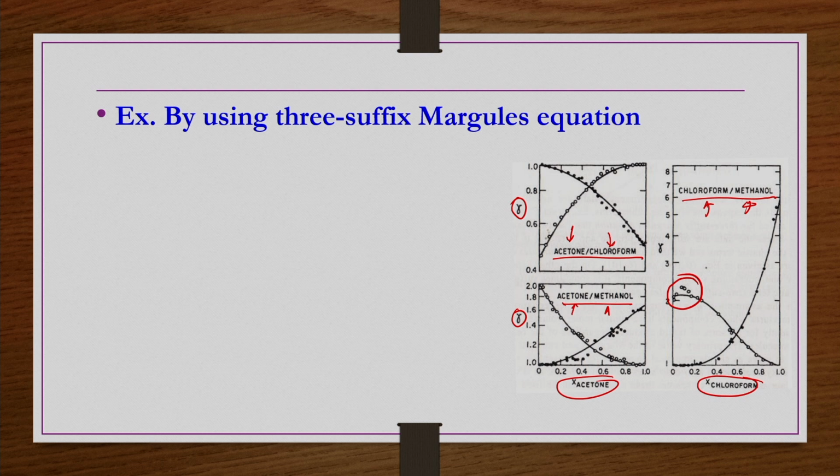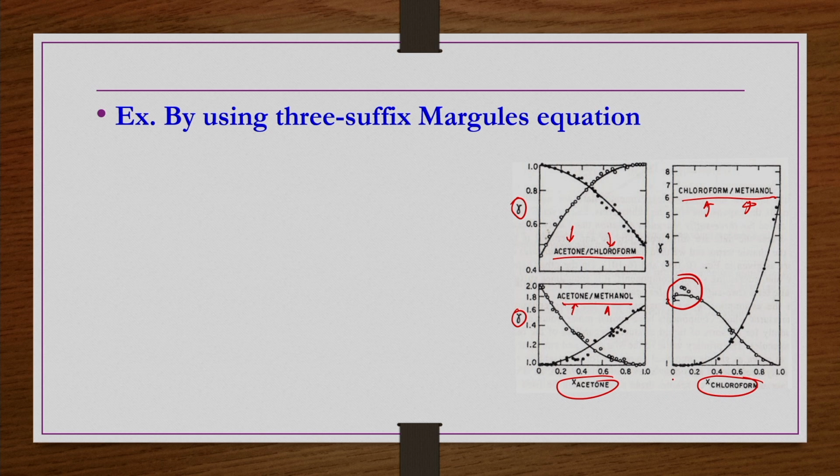So, that is the advantage of the 3 suffix Margules equation, and in the previous lecture we have seen the advantage of the Van Laar equation, where we have only 2 constants associated with the activity coefficient, but still we are able to represent experimental data with much better accuracy.